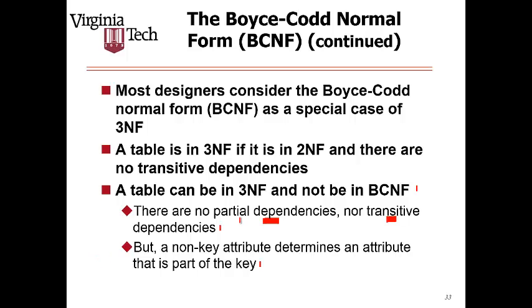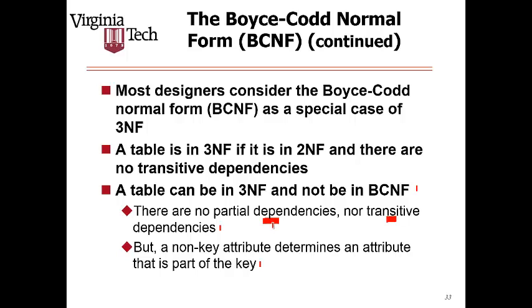Well, Boyce Codd normal form is a situation where you can be in third normal form only. You usually are in third normal form; you have to be before you can be in Boyce Codd normal form.